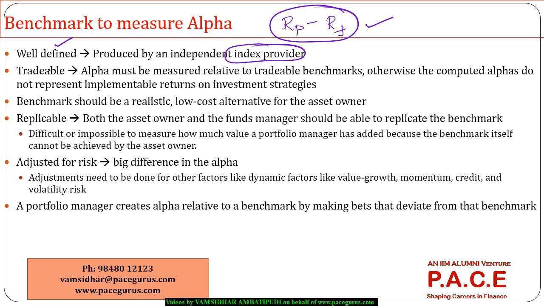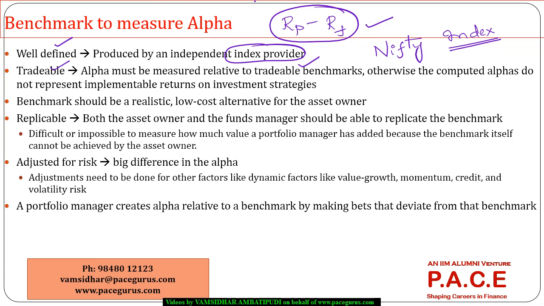It should be tradable. So it's not something that is computed in the air. I need to have some kind of benchmark which is tradable. So if I am setting Nifty or some index as a benchmark, that index needs to be tradable in some form or the other.